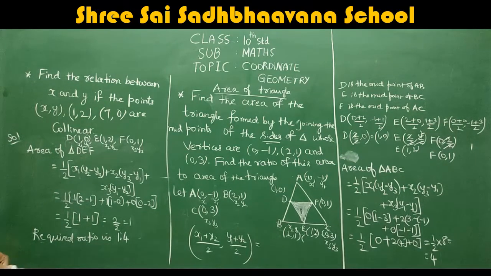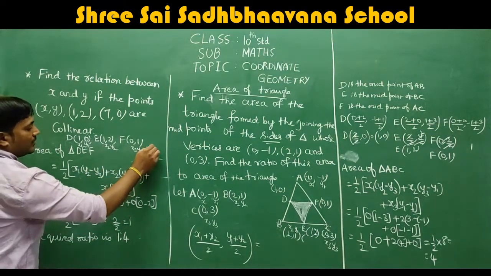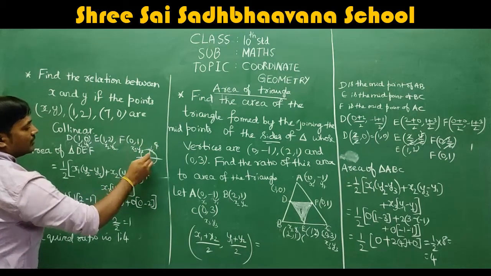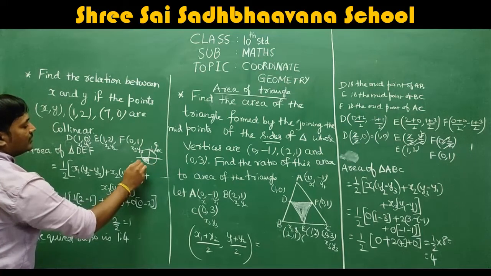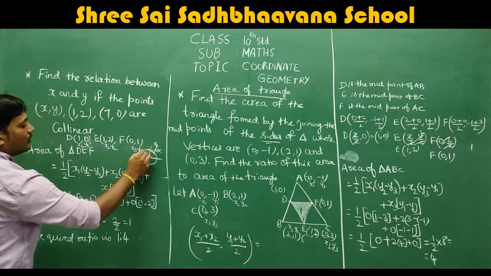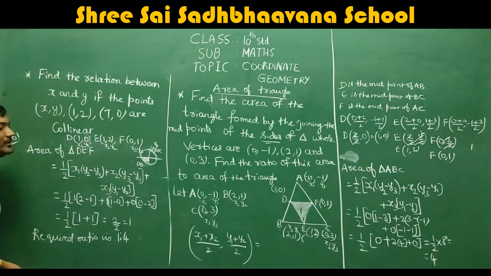If the area of triangle ABC is 1 apple, we divide it into 4 parts, so total is 4. This area is DEF, which is the 1 by 4th part of the area of triangle ABC.